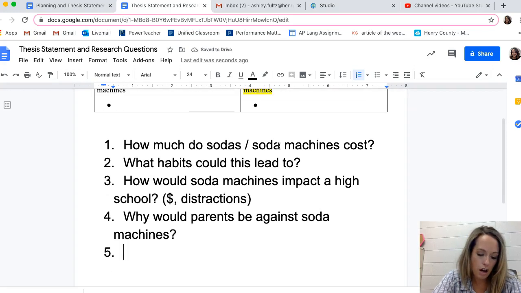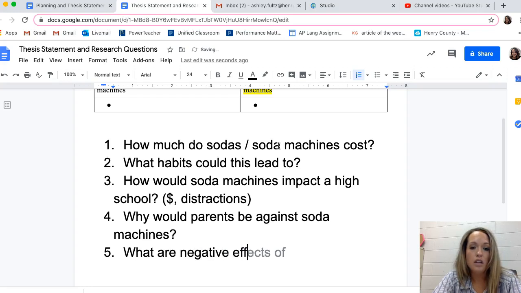You could think also about some of the negative effects. What are the negative effects of sodas on students?